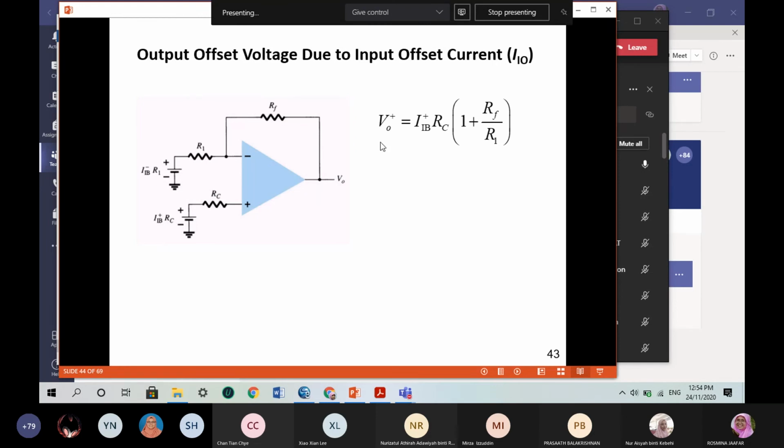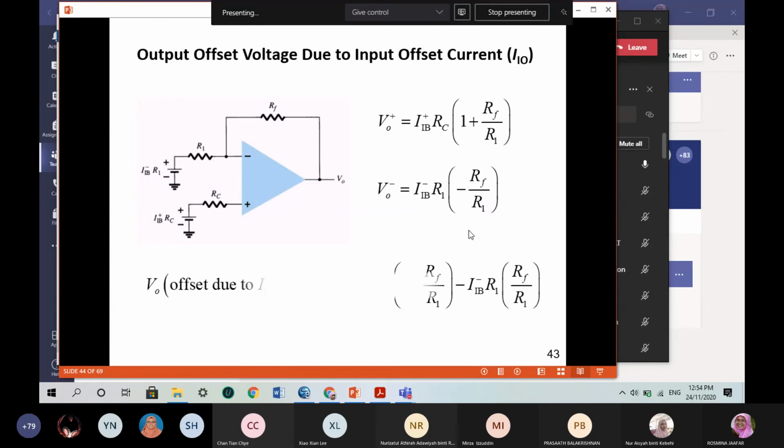VO plus is equal to IB plus times RC multiplied by 1 plus RF divided by R1. And VO minus is equal to IB minus times R1 times the inverting arrangement, negative RF divided by R1.